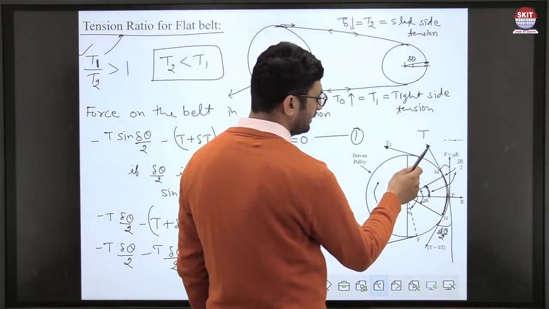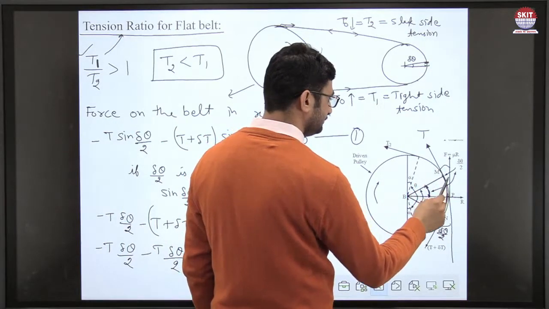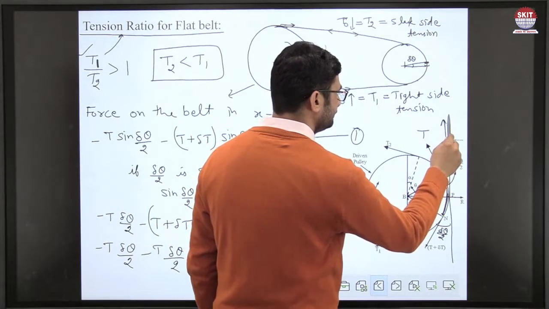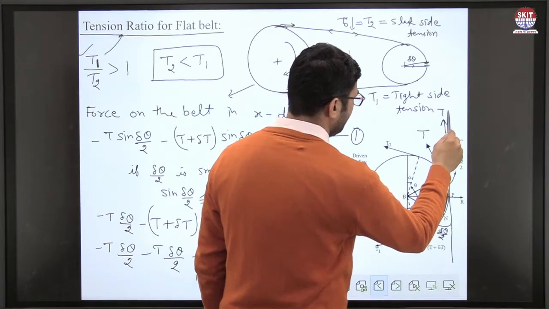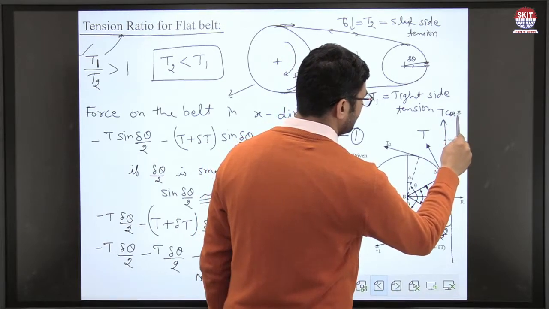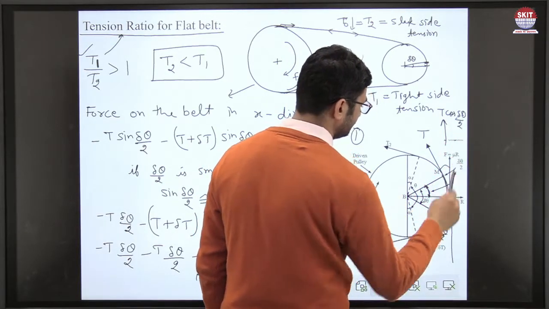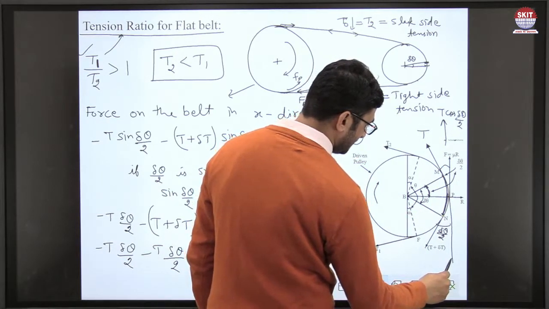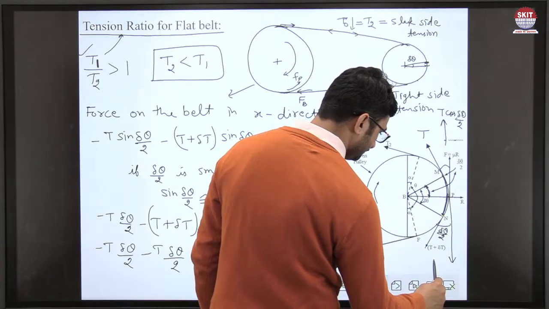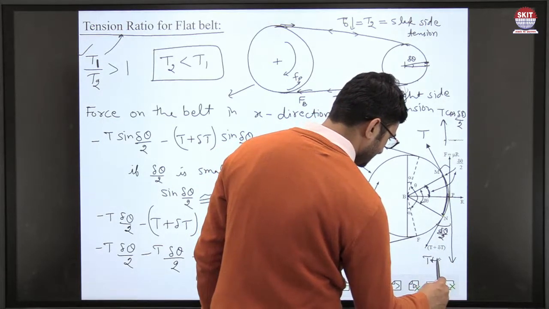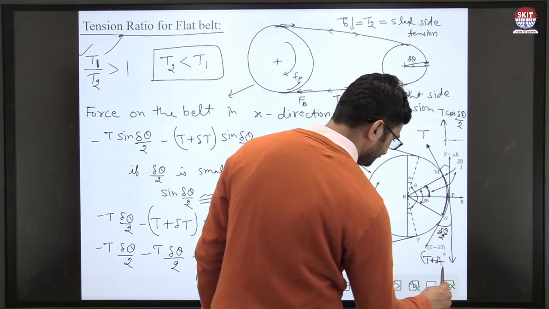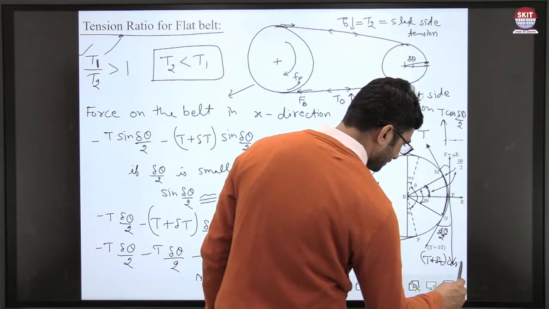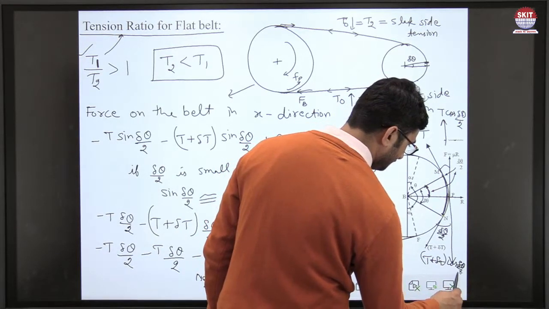One component of the T in that direction is T cos(del theta by 2), and same here, the component of T plus delta T in the y direction is (T plus delta T) cos(del theta by 2).